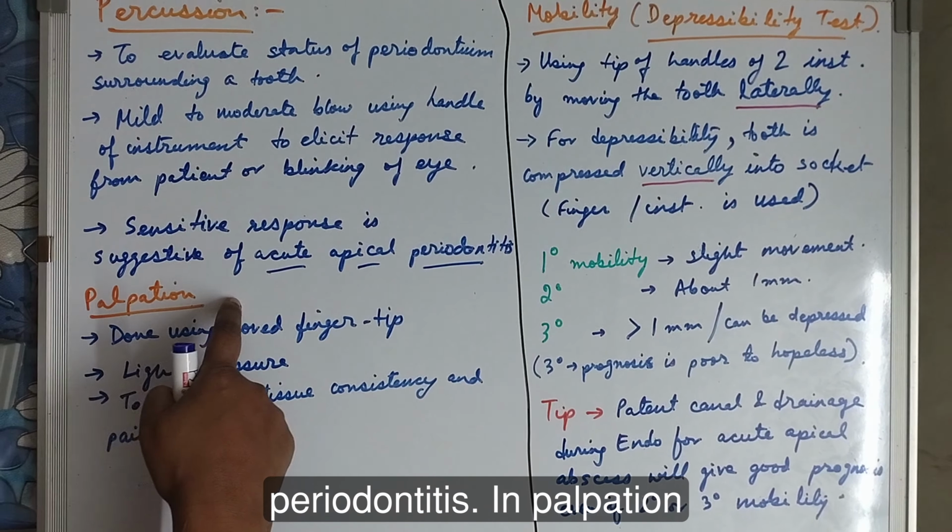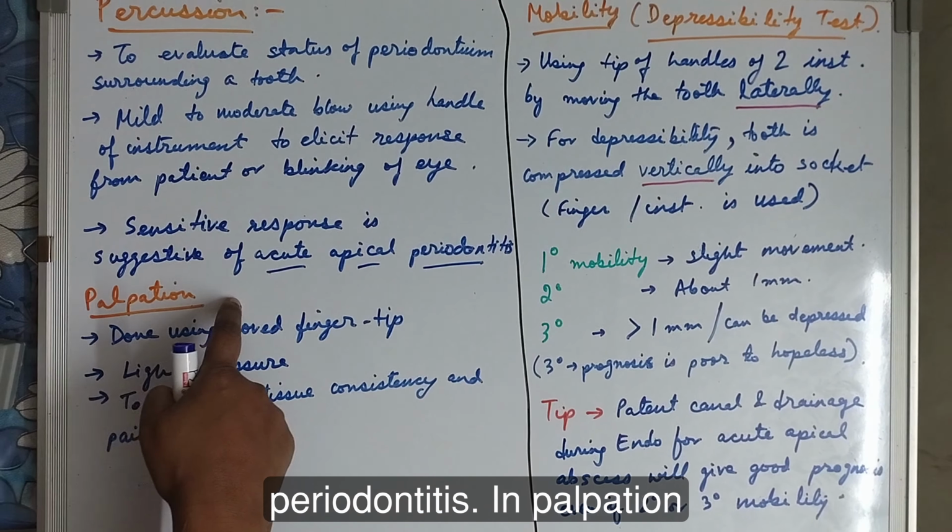Mobility, also the depressibility test, is done using the tips of the handles of two instruments. The tooth is held and moved laterally. If there is mobility, it is graded as first degree, which is slight movement, and second degree, which is about 1 mm of movement.